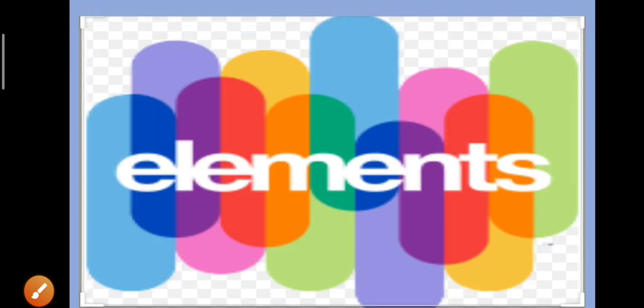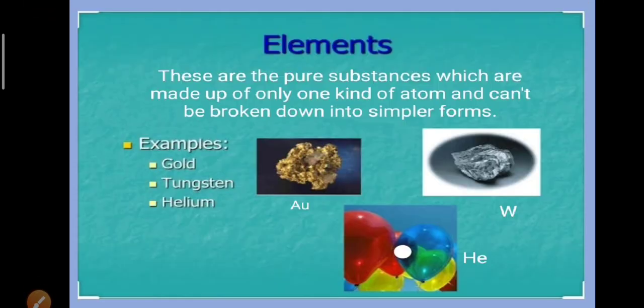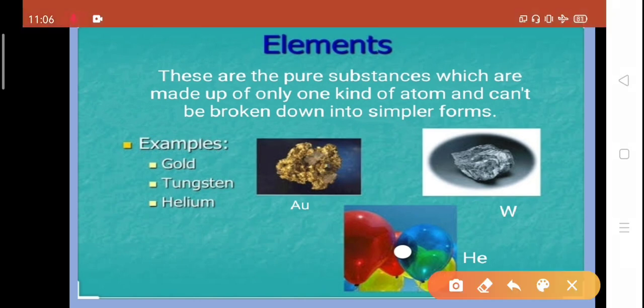Now, what are these elements? Elements are the pure substances which are made up of only one kind of atom and can't be broken down into simpler forms.